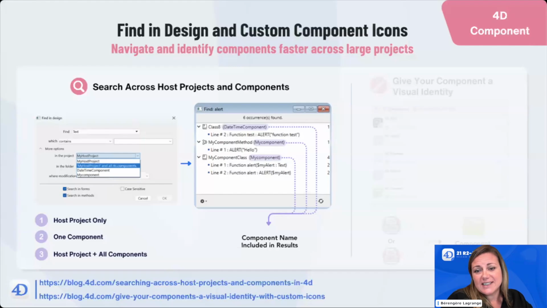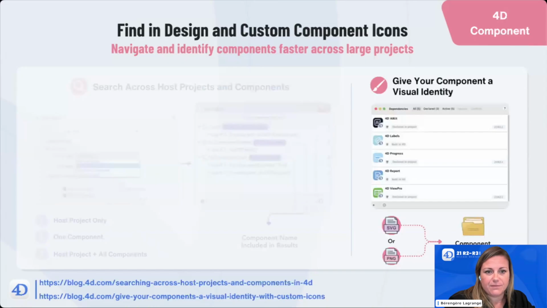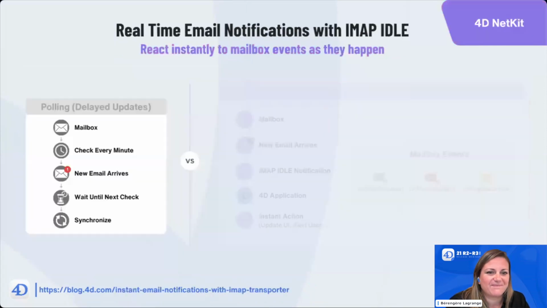Search results clearly indicate which component each match comes from, making navigation, troubleshooting, and refactoring much easier. To make components easier to identify visually, you can now assign a custom icon simply by adding an SVG or PNG logo to the component's resources folder.